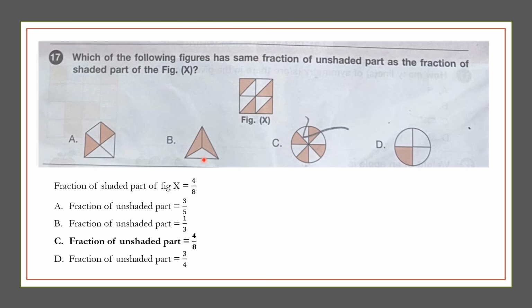Here the fraction of the unshaded part is 1 by 3. Here it is 4 by 8, so it is exactly the same as the fraction of the shaded part in figure X. So our answer is option C. And for D we have 3 by 4.